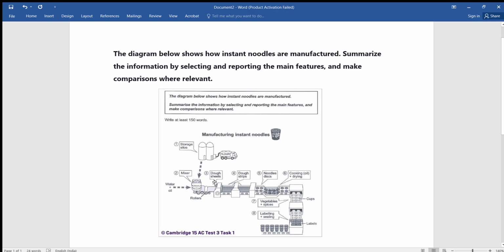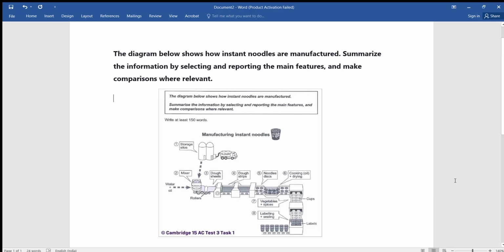In the third step, you can see that dough sheets are made with the help of rollers, and in the next step dough sheets are cut into strips or stripes, and in the fifth step noodle discs are formed, and in the following step cooking is done with the help of oil, and after that noodle discs are dried. And in the seventh step you can see that vegetables and spices are added into cups of noodles, and the last step is about labeling and sealing.